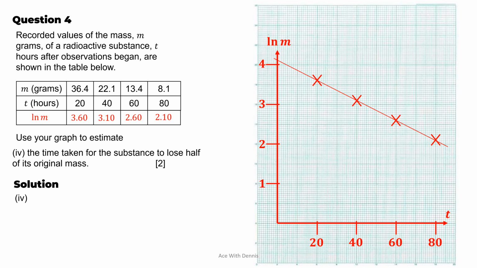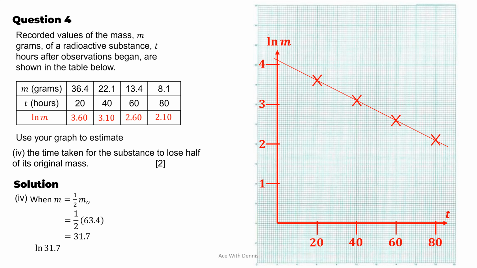Here is the solution for part 4. Use a graph to estimate the time taken for the substance to lose half of its original mass. So when the mass is half of the m0, which is half times 63.4, the value is 31.7.